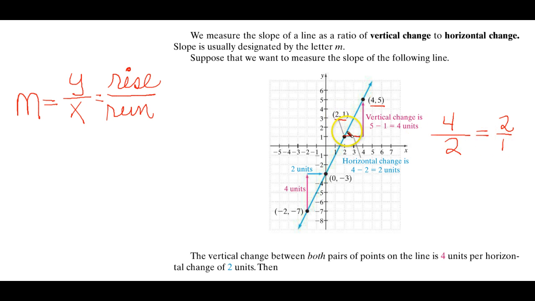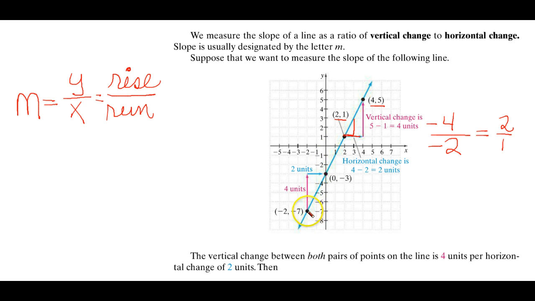Now, going to the right here was positive, and going upward is positive. Now how about if we did it this way? We started here and went down. That would be negative 4 units. And then we went to the left. That would be negative 2 units. So negative divided by a negative gives you a positive, so it still ends up being this. Now if we made a smaller triangle here, we could have gone over 1 unit and up 2 units too.